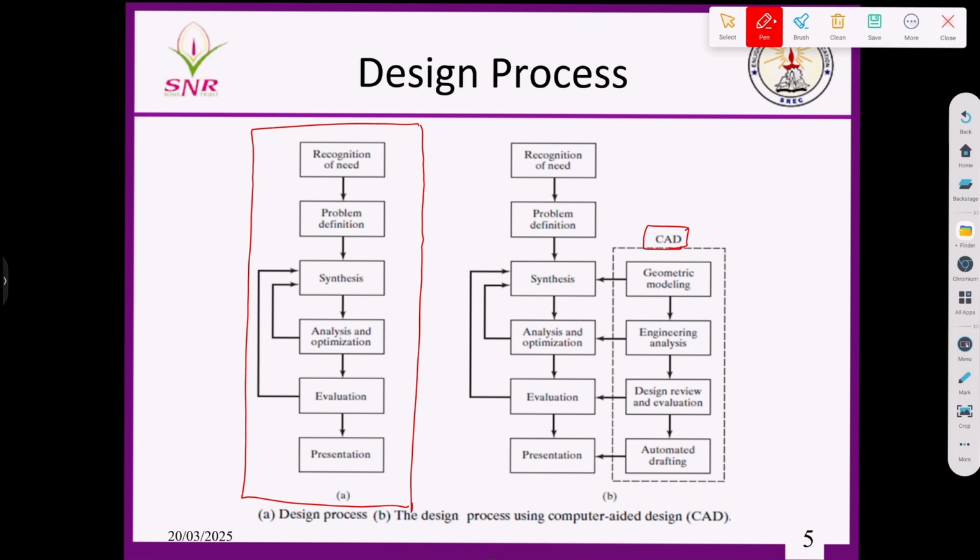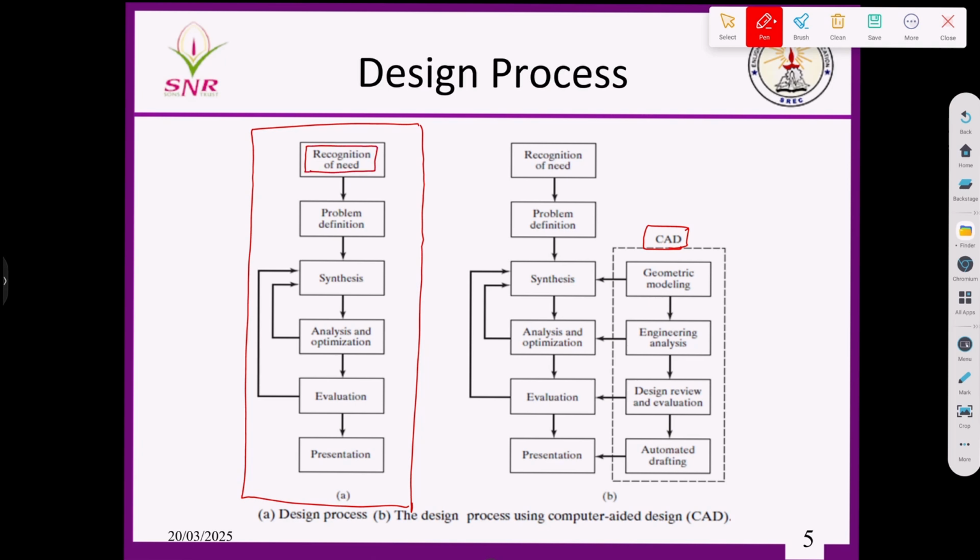Say for example, in the earlier slides we might have discussed that wooden logs are being converted to sitting chairs. Here the chair is the final product. A manufacturing sector has to first recognize the need of the consumer.